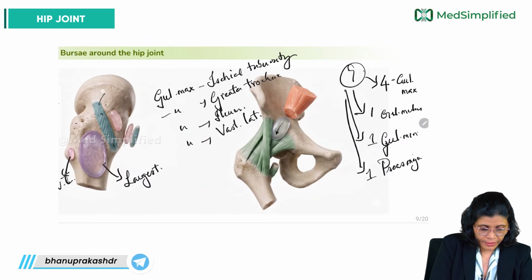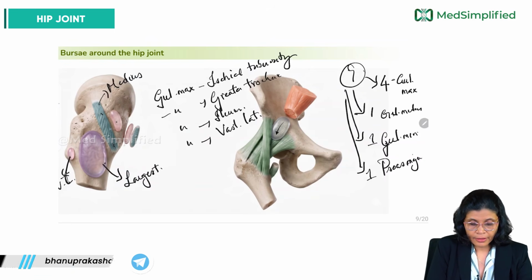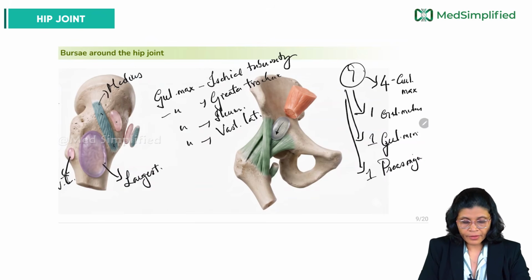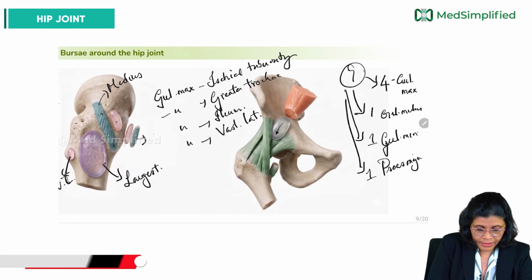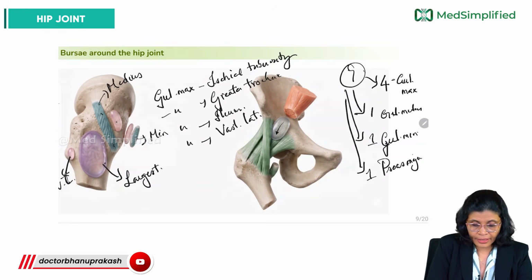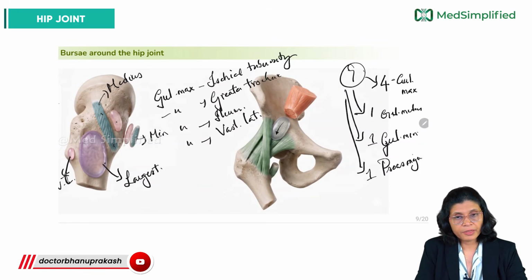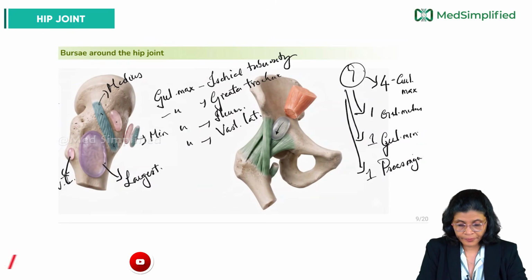This is the bursa between the gluteus medius and the lateral part of the greater trochanter. Then we have the bursa beneath the gluteus minimus and the anterior aspect of the greater trochanter.